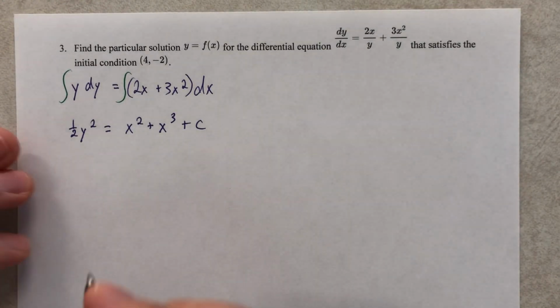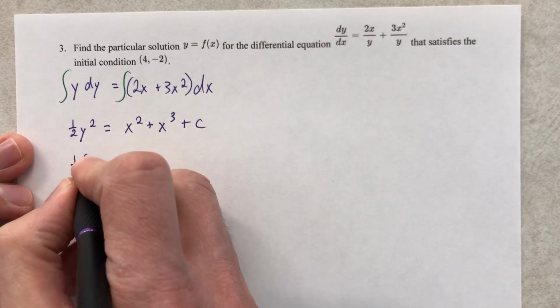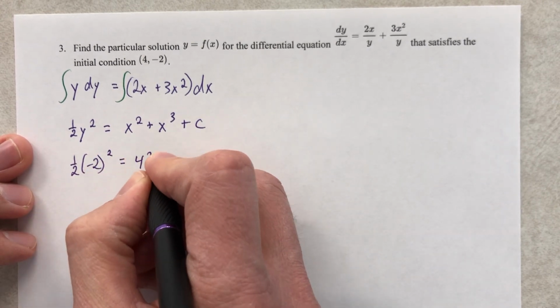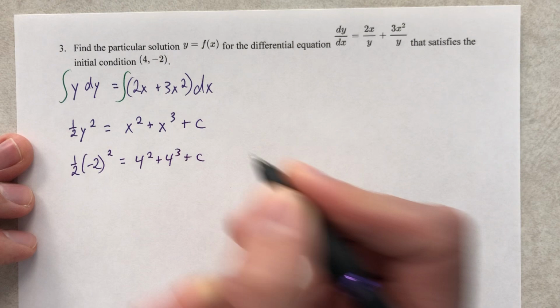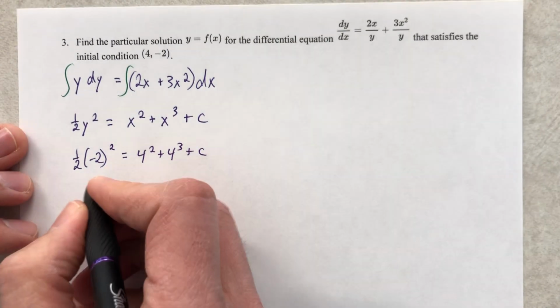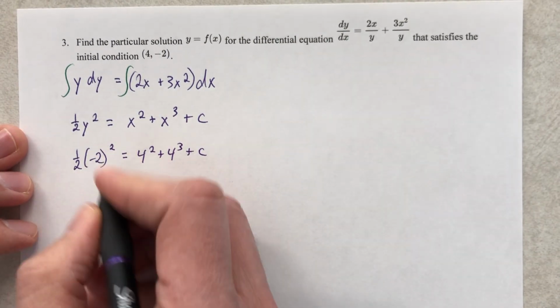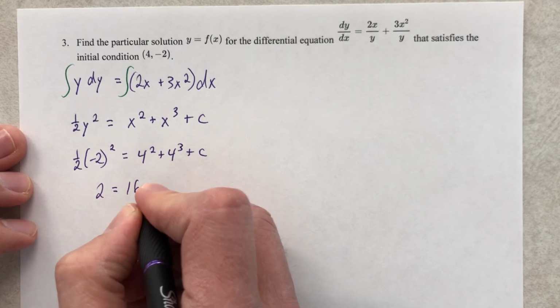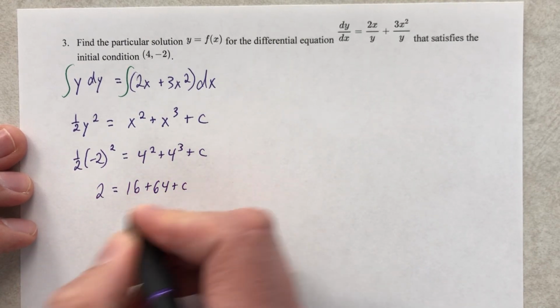Let's plug this in. 1/2 times negative 2 squared equals 4 squared plus 4 cubed plus c. All right, that gives me 4 divided by 2, so 2 equals 16 plus 64 plus c.